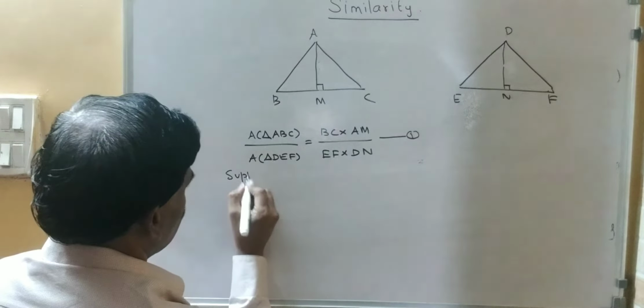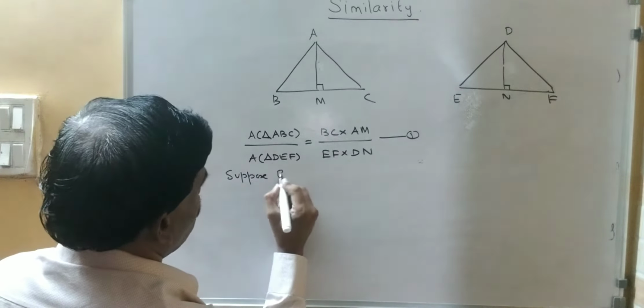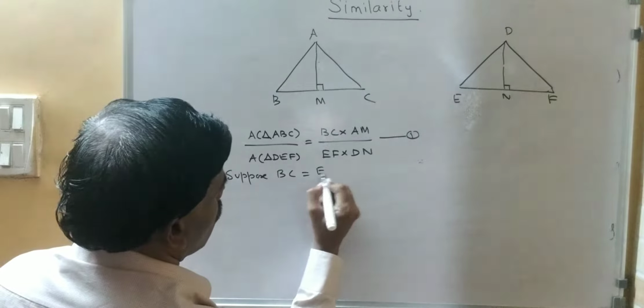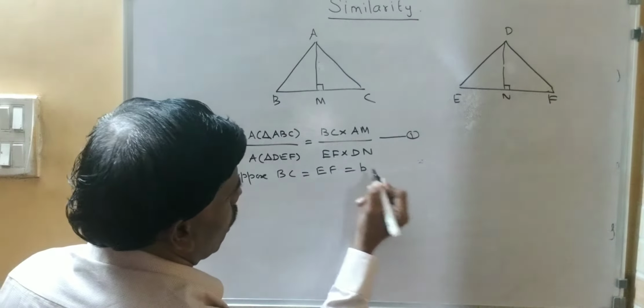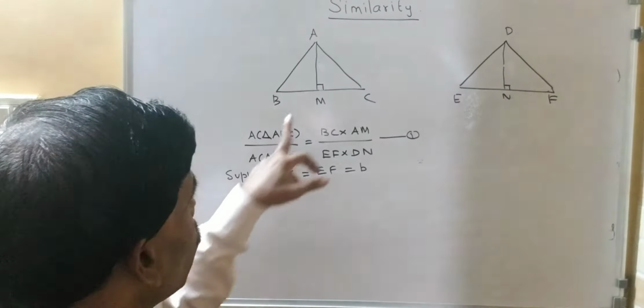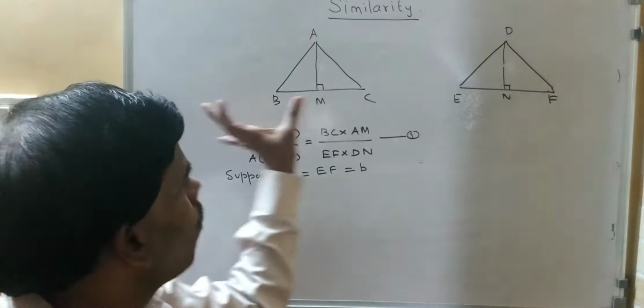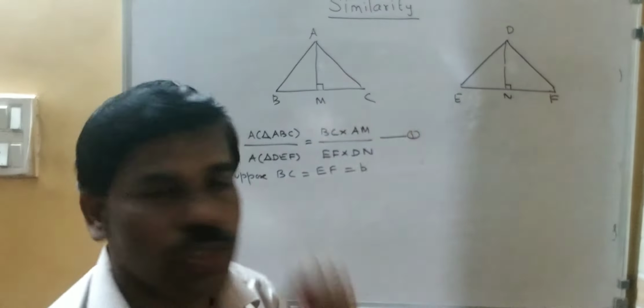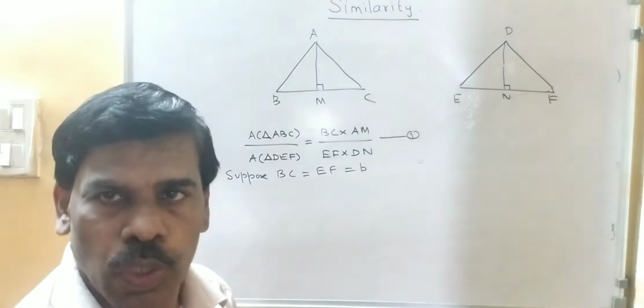Suppose BC equals EF equals B. That means I am telling you the bases are the same. BC is equal to 10 means EF is also 10, so both will be the same.